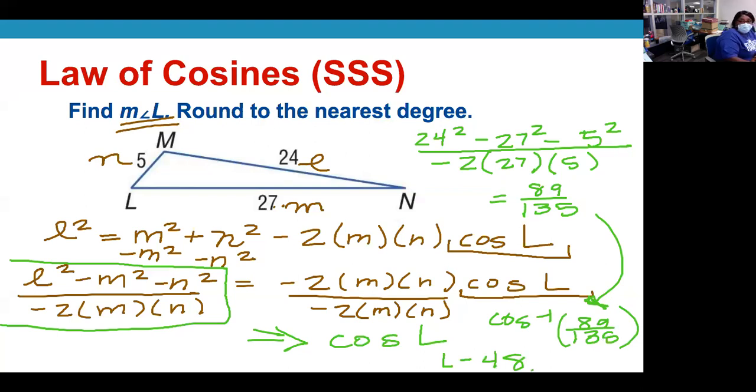I got that L is 49 degrees. Did we all get that? 49 degrees? Questions, questions, questions.